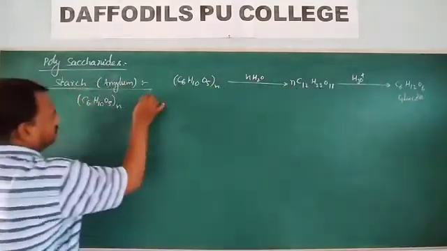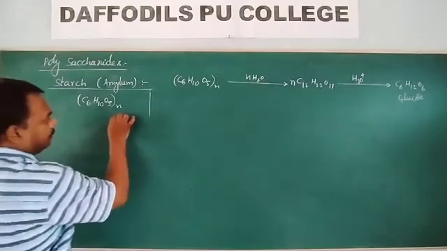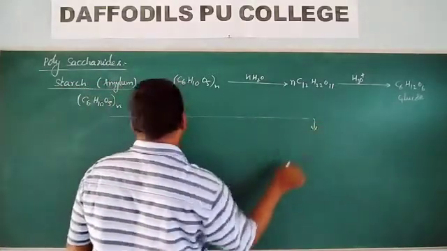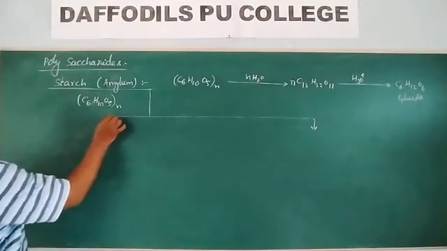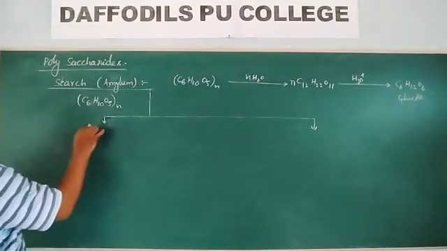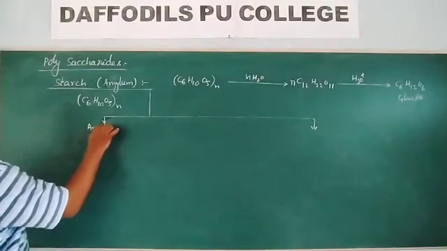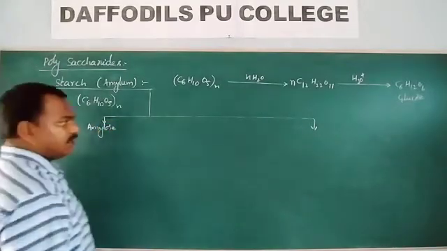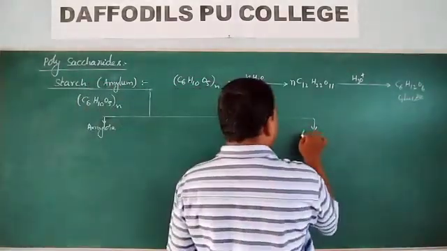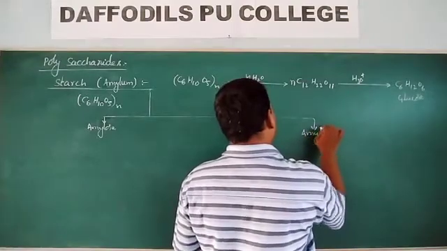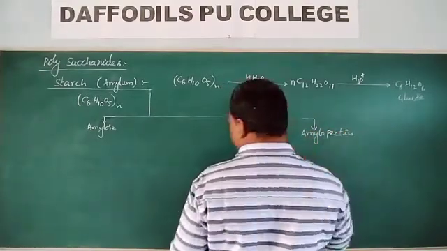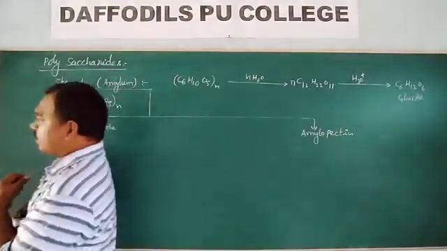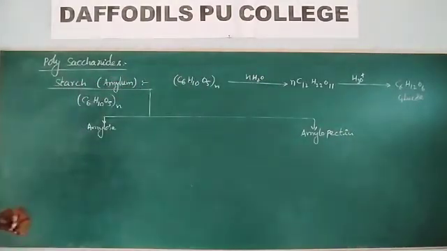This starch contains two parts. First one is amylose, second one is amylopectin.